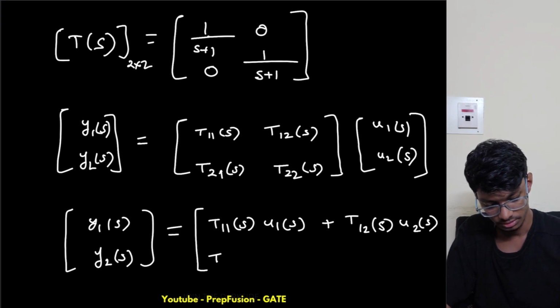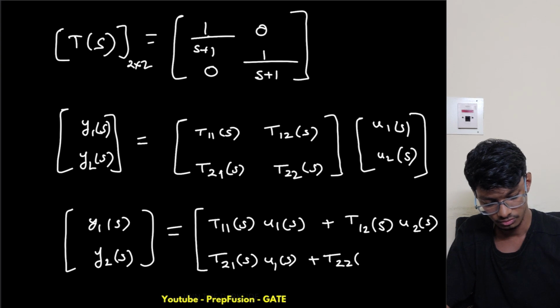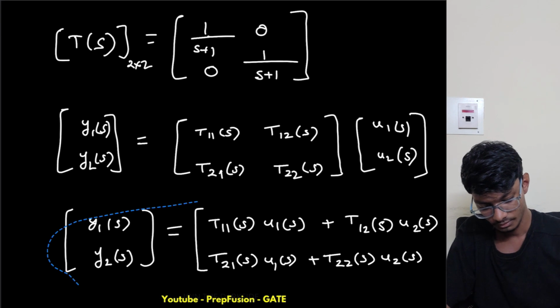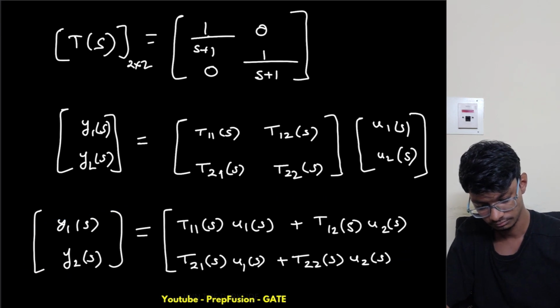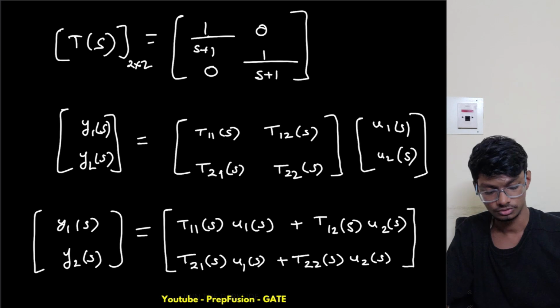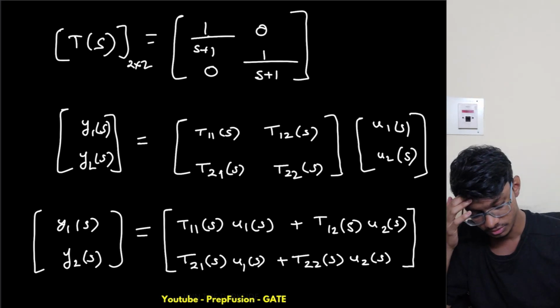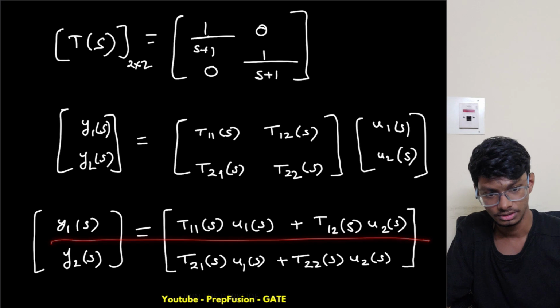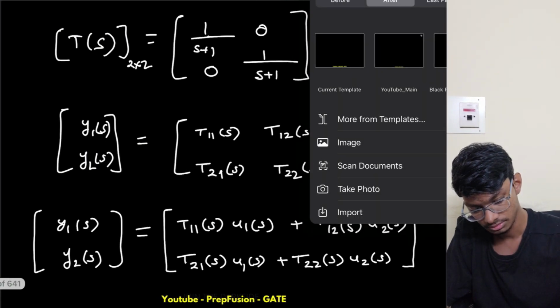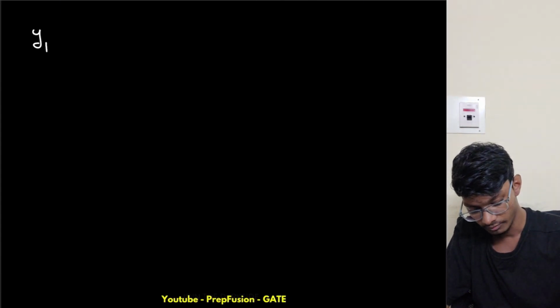Now this is t21 of s times u1 of s plus t22 of s into u2 of s. Yeah, so this is my transformation matrix. Along this row, this is basically equal to my y1 of s.